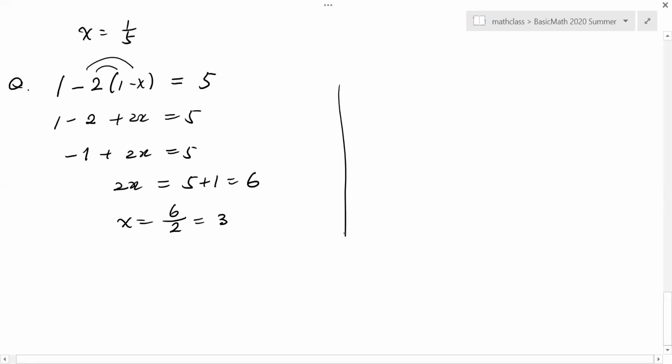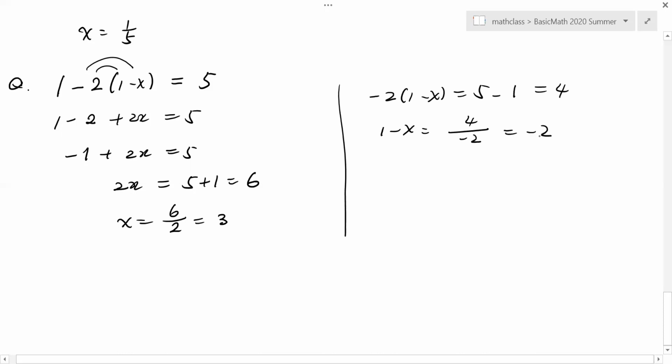Now, you can also do it the following way. I subtract 1 from both sides first. So 5 minus 1, which is 4, right? You can do that. Then I'm not going to multiply this out. I'm going to divide both sides by negative 2. Okay, I get negative 2.